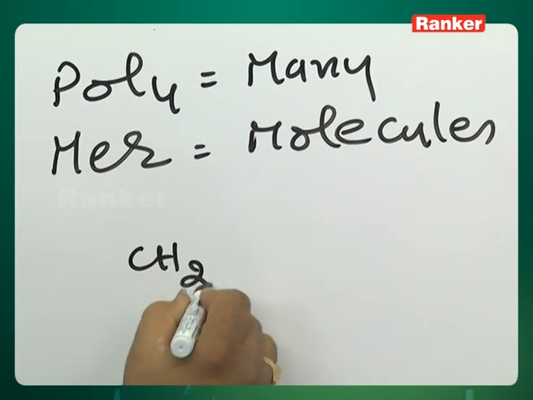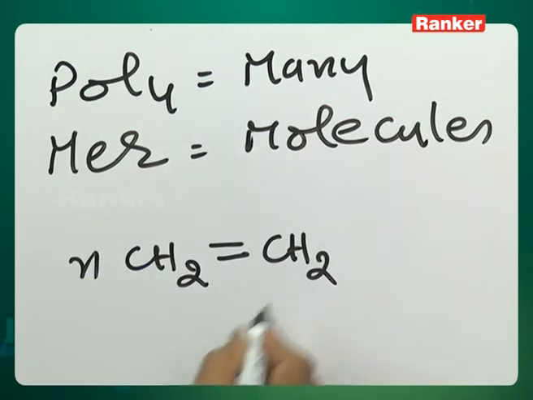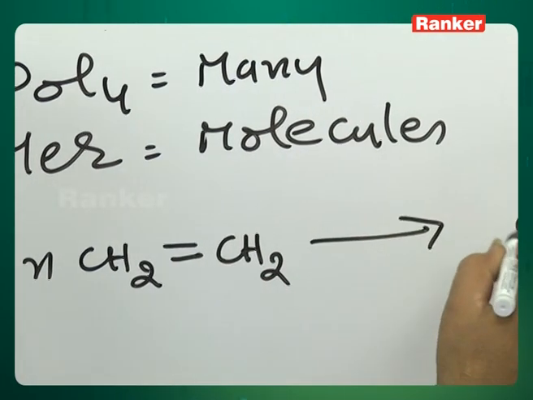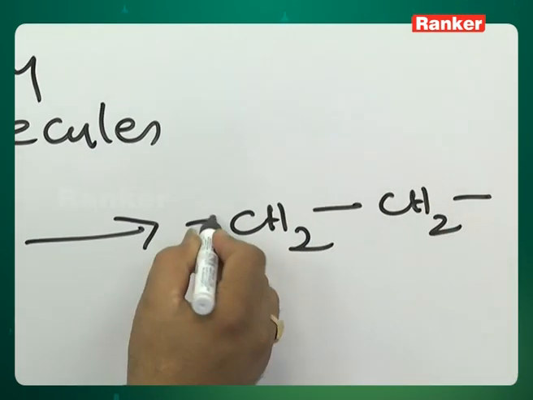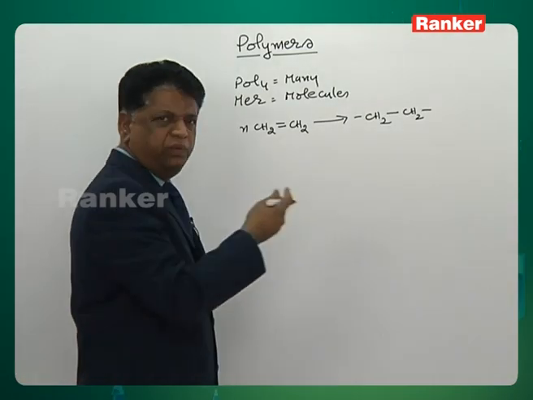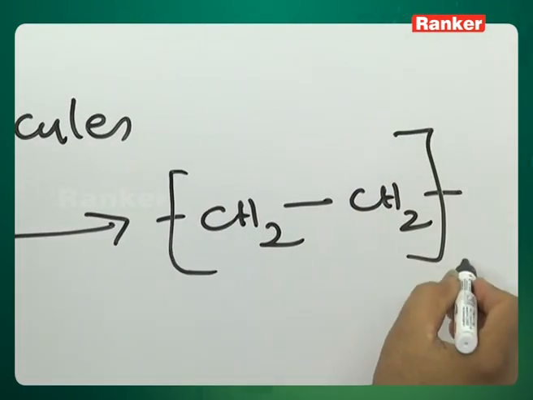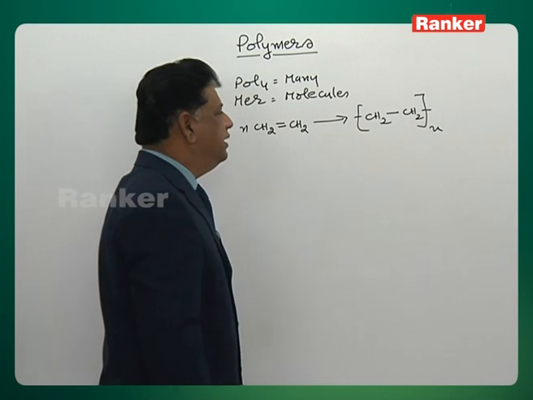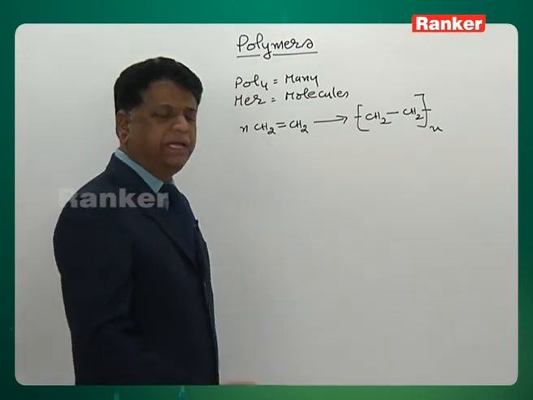For example, if you take a very small molecule, ethylene, a number of ethylene molecules may join to give a long chain compound containing only CH2, CH2, CH2, a very long chain, sometimes thousands to millions of molecules, which may be represented with a repetitive unit, CH2CH2, n times.